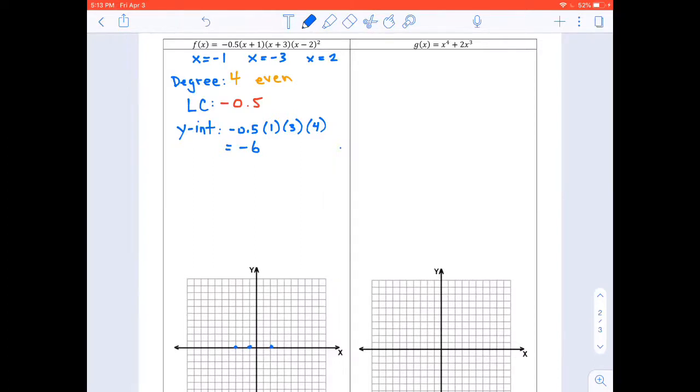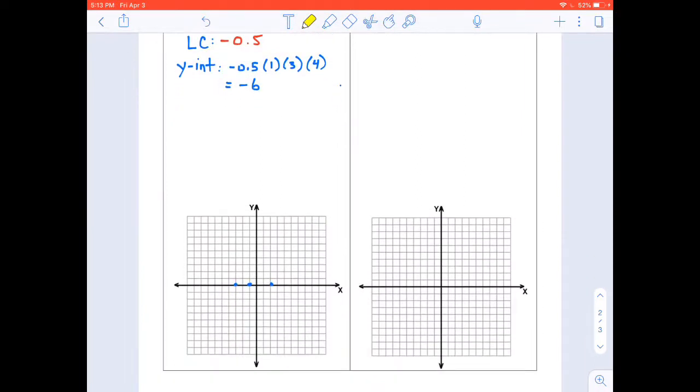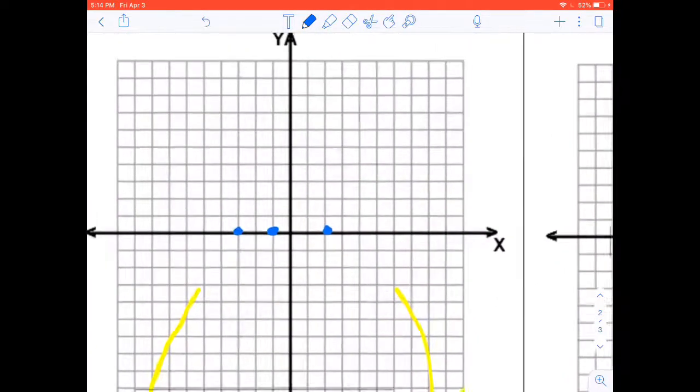So that means that our graph is going to have to start from the bottom and end on the bottom. That's all that we really know so far. I don't know how it's acting in between, but I know it's going to touch those x-intercepts. I know that we have a y-intercept of negative 6, so I can put that on my graph here as well. So if I count 6 down, 1, 2, 3, 4, 5, 6.